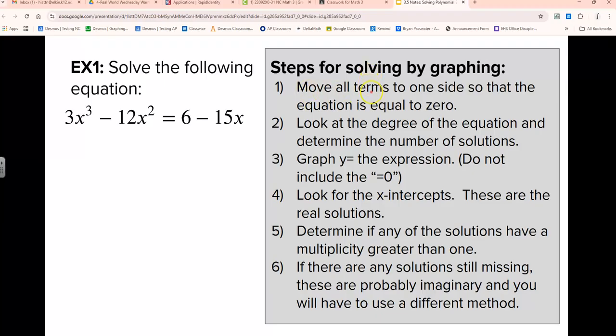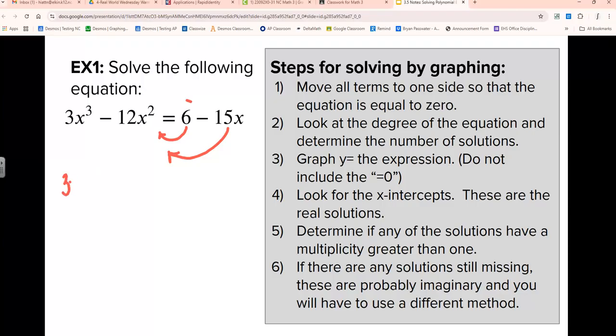First thing I want you to do on these is move all the terms to one side so that the equation is equal to 0. So we want everything on one side. In this case, I would take the 6 and the negative 15 and move it to the left side. You could move the other ones to the other side. It doesn't matter.